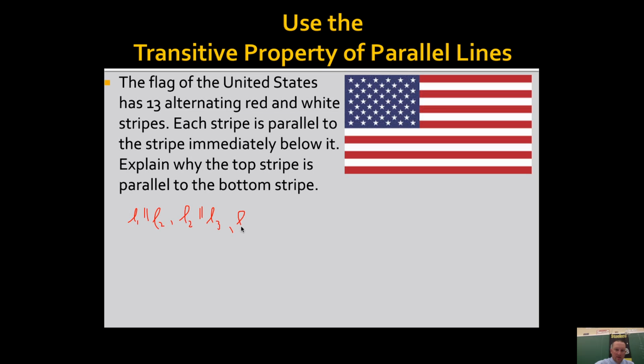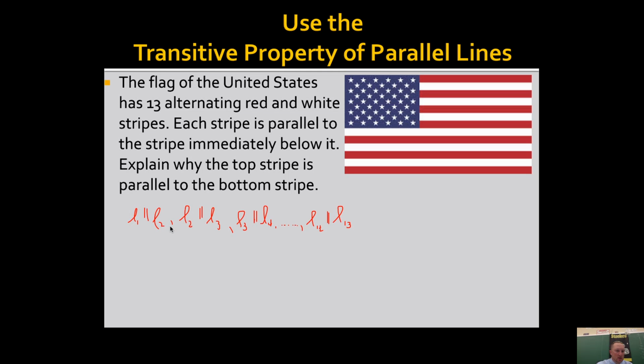Then you're going to say line 3 is parallel to line 4, and so on and so forth, all the way down until you say line 12 is parallel to line 13. That's your given.